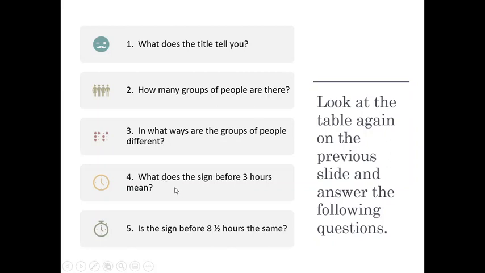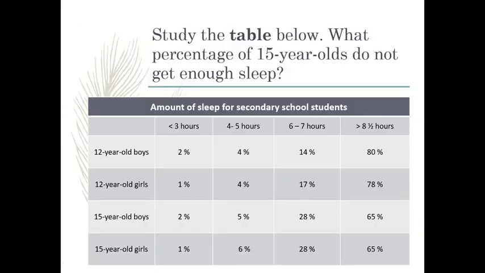What does the sign before 3 hours mean? Here is 3 hours, and this is the sign. Let's go back to our maths class. This sign represents what? It means less than. So less than 3 hours.